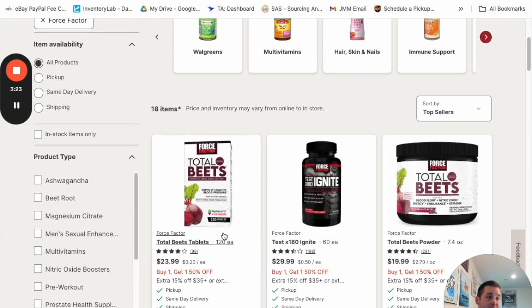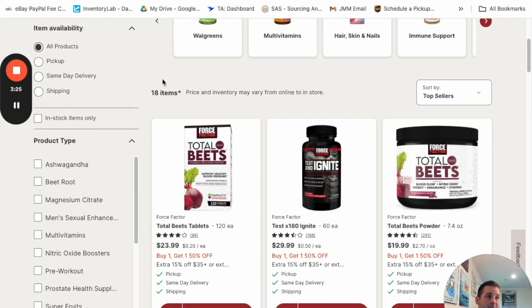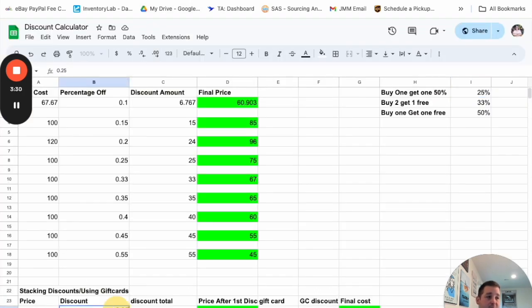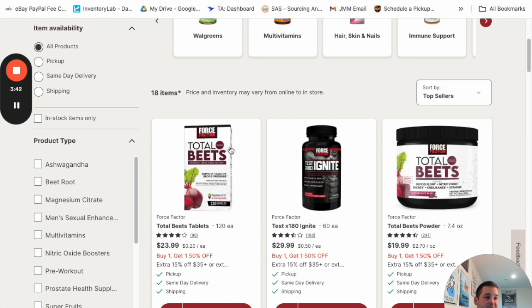So what you would do here is, let's go to the calculator. So this is 25% off and 20. I'd put 0.25 in here because that's 25% off to take the first discount. And then in here, I would put 20% because we're getting it again. So this vitamin here, whatever this is, it says it's selling for $23.99.